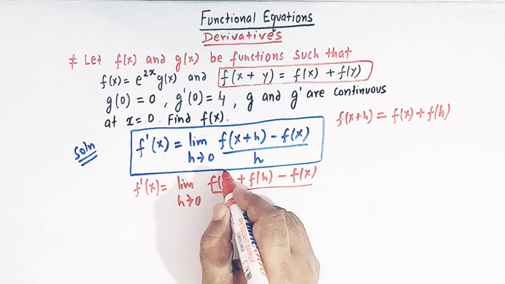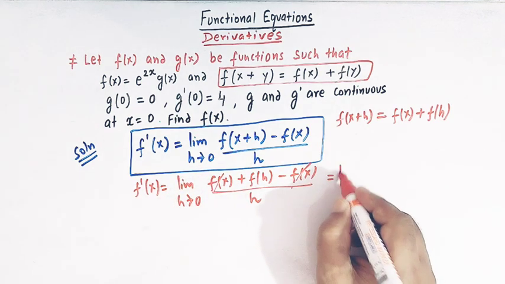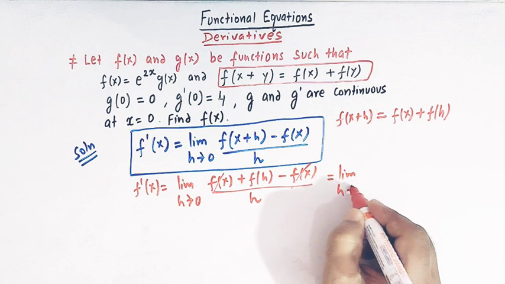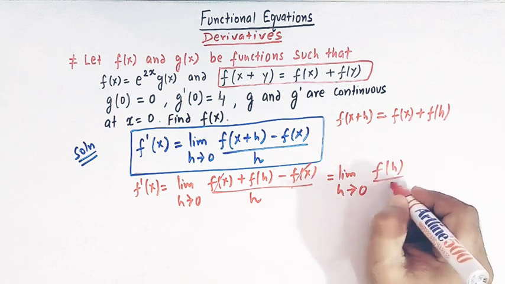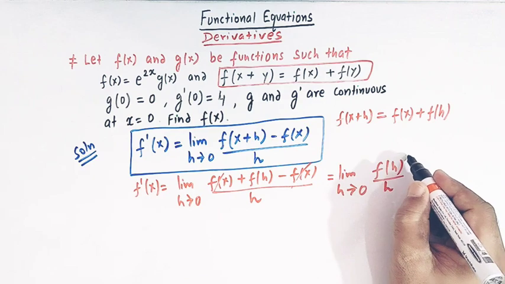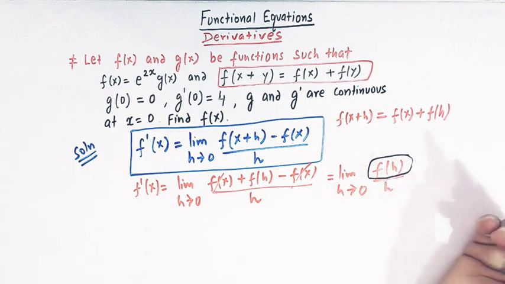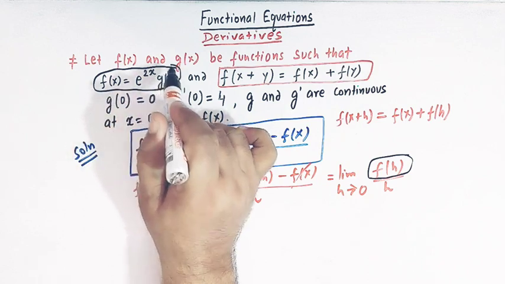Now see, these two terms get cancelled. So we are left with limit h tends to 0, f of h divided by h. So now the value of f of h can be obtained from this equation.